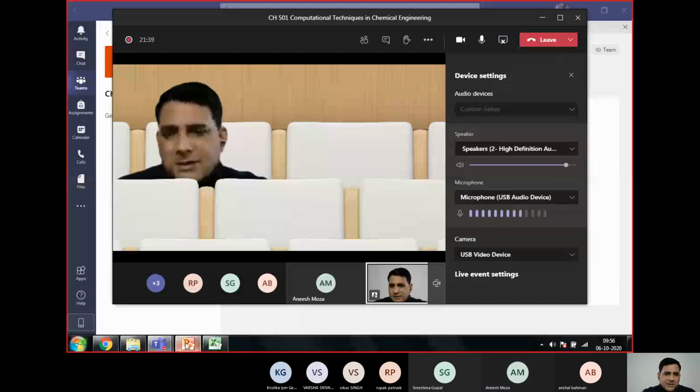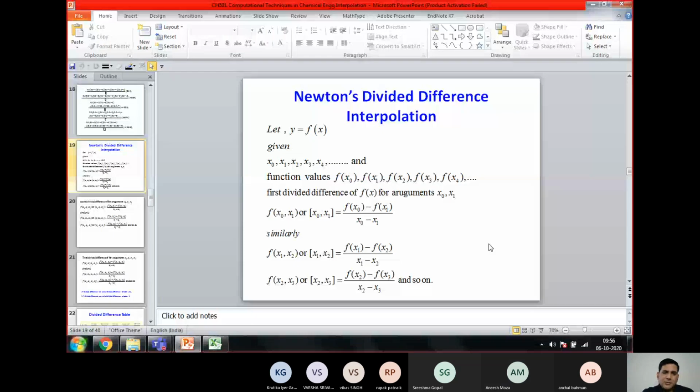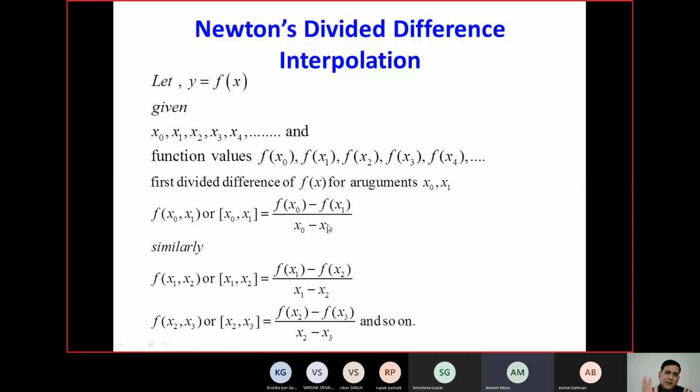Sorry. So we were here on the divided difference. Here the divided difference is being calculated. Here you know the 2 points x0 and x1, and you know the function values. So you calculate the difference of the function divided by the difference in your values of x. That is called the first divided difference. Same way you can get the divided difference between points 1 and 2, x1, x2.